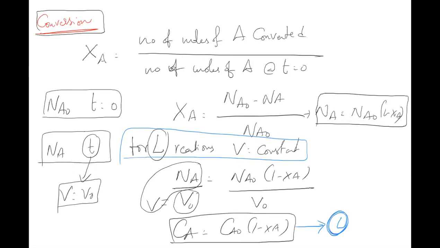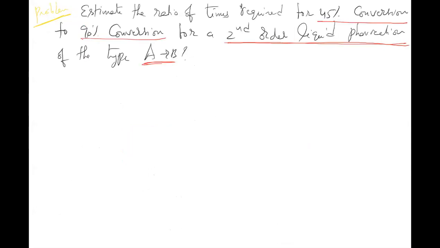Now let's go back to the problem. This is a second order reaction, so what is my model? 1 by Ca minus 1 by Ca naught equal to K into t. What is Ca?